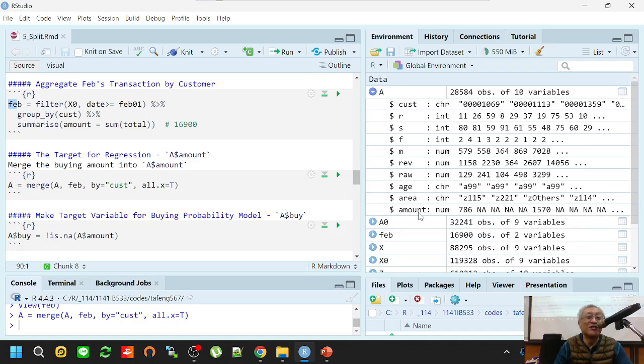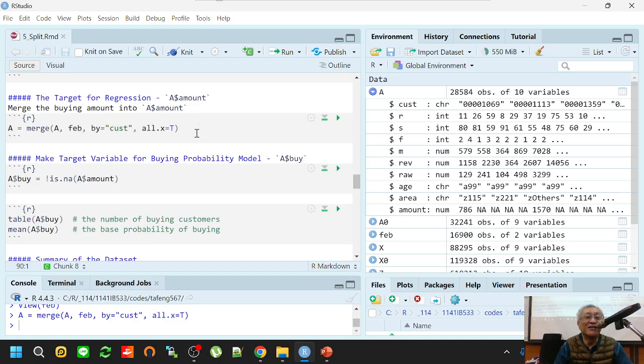So after merging this amount variable into A, it's very easy to create the buy variable, right? We just test whether this is NA. If it is NA, then he does not buy. If it is not NA, then it has a value, then he buys, right? So first of all, we merge this amount into A, and then from A we can derive the buy variable, the second target variable.